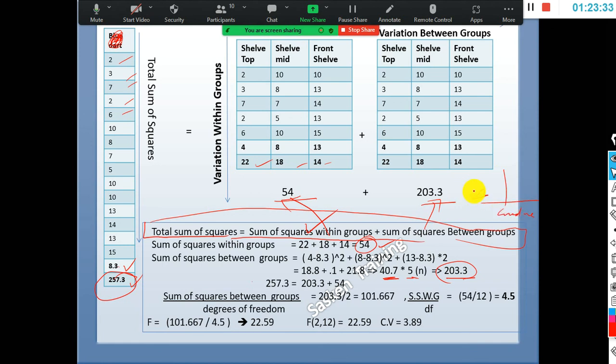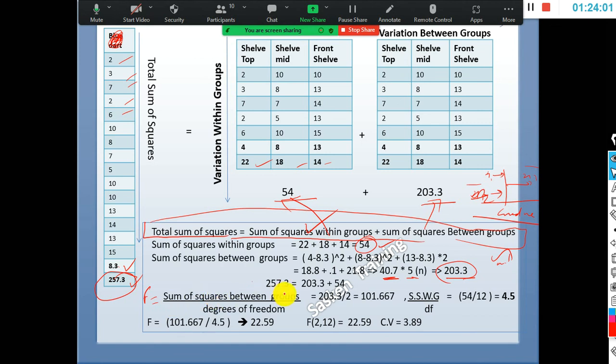How far each group mean is away from this one, X1 bar, X2 bar, X3 bar, right? This is on the numerator. Sum of squares between groups divided by sum of squares within groups. Within each group, how far each value is away from the mean, right?